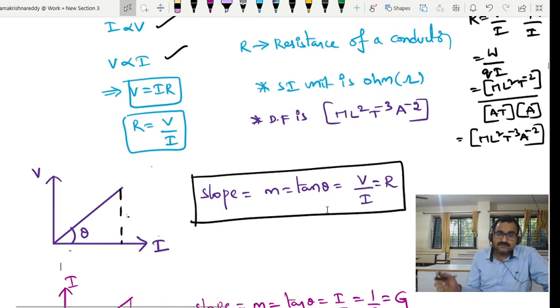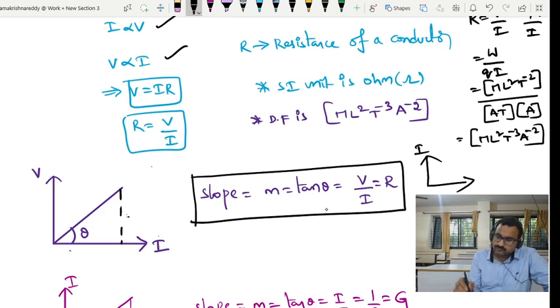If you change this, what is the meaning of that? If you change it in this way, then what is tan theta now? Tan theta equals I by V, the reverse of that. I by V means 1 by R. The reciprocal of resistance is called conductance.